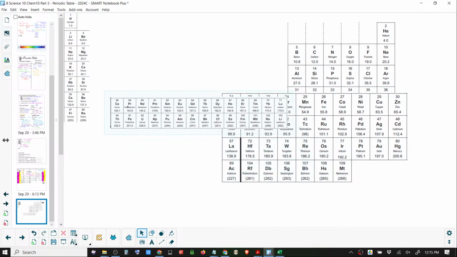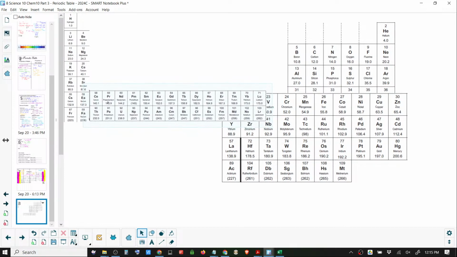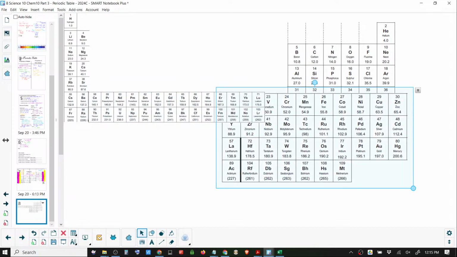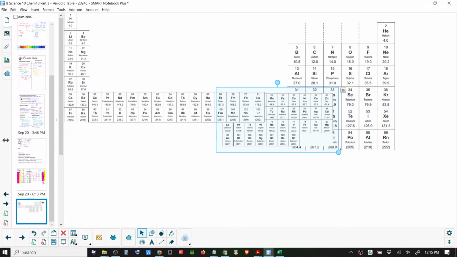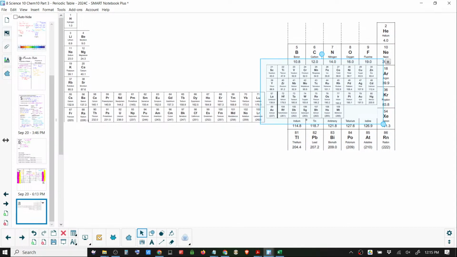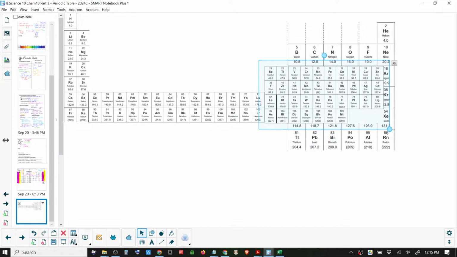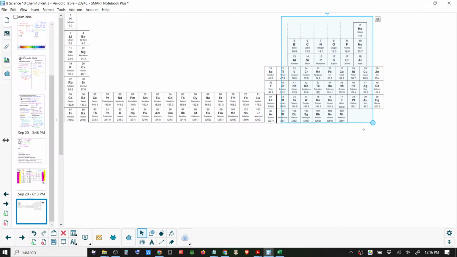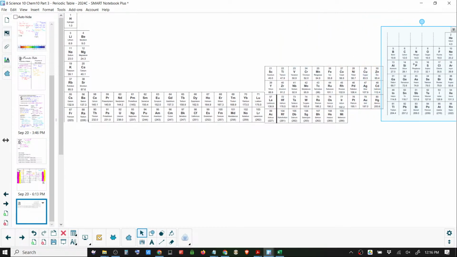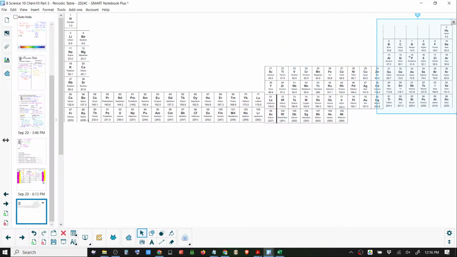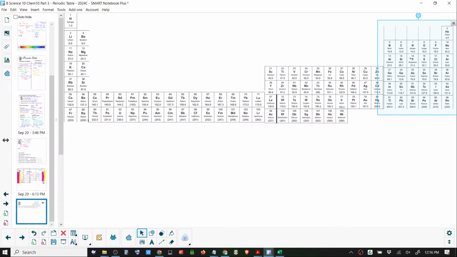The real, quote-unquote, periodic table should look like this. Will I even fit it on? Oh yeah, it'll just work. There we go.